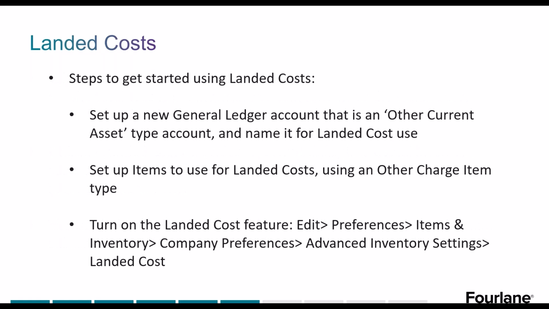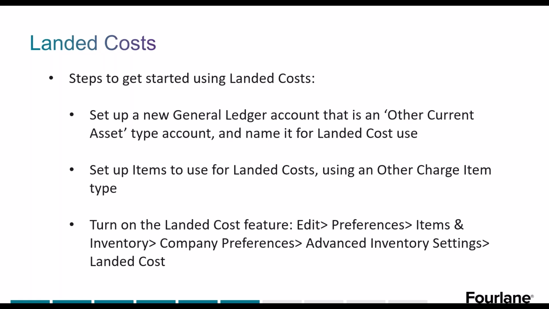All right, we're going to walk through some of this in just a moment, but here are some key initial steps to get started using landed costs. We're going to want to set up a new general ledger account. It's an Other Current Asset type account, named for landed cost use. Then we're going to set up items to use for landed costs using an Other Charge item type.